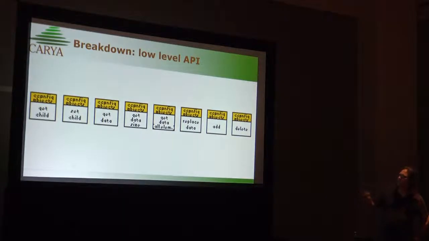Because these are just sub VIs, we don't have to deal with the low level data, the 2D array and the 1D array. And you can make VIs to get the child, set the child, get the data, get the data size, replace data, add data, and delete the data. So basic array operations.